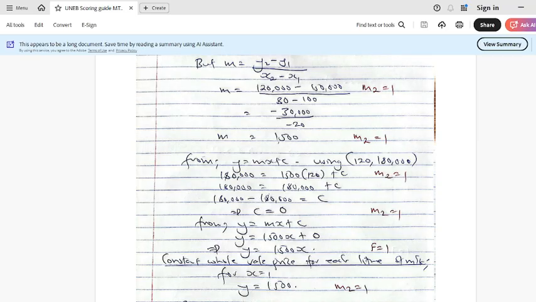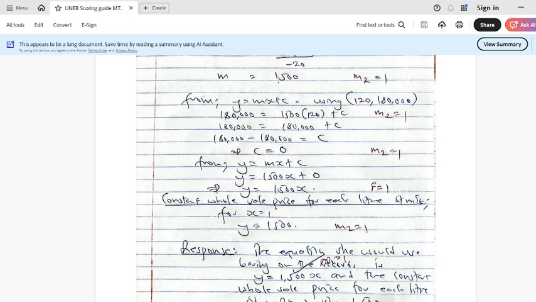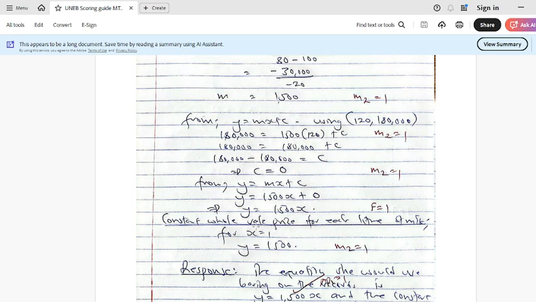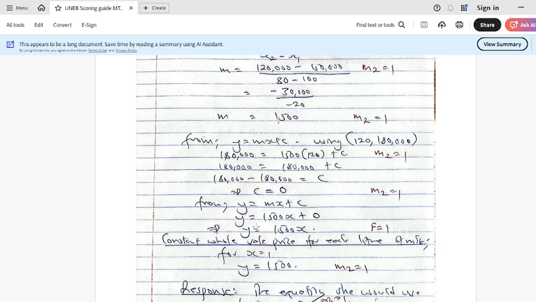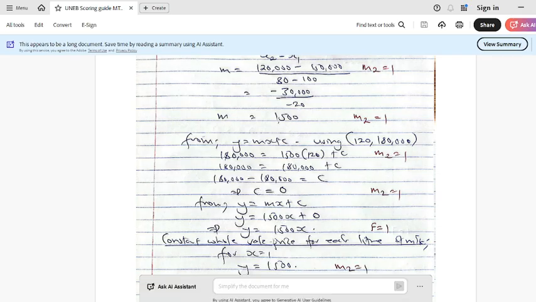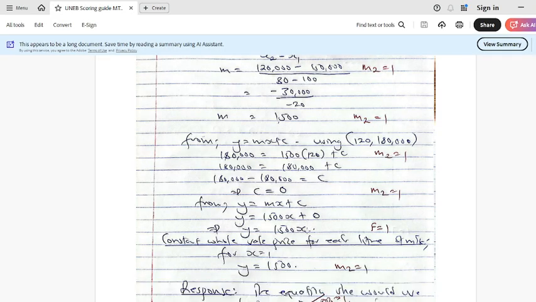So from there, now I will need to come up with the value of c. C is the y-intercept, which we also want to get. C is very important in determining our equation, but because it was 0, it didn't really change this equation.